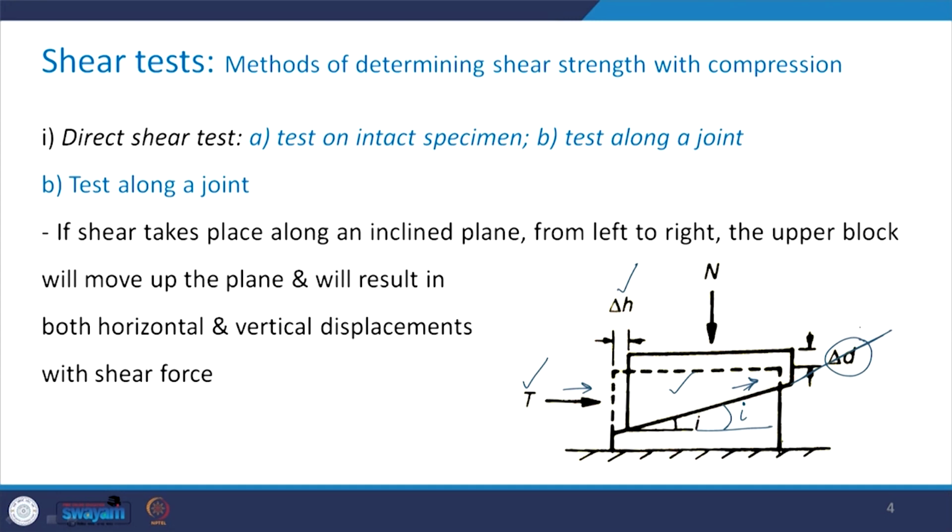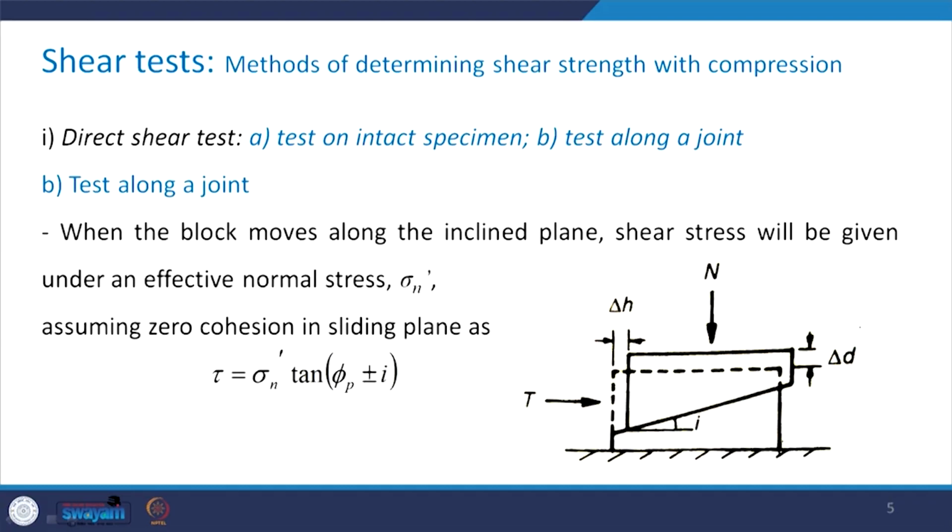As against sliding along the horizontal plane, when sliding takes place along the inclined plane, there are going to be horizontal as well as vertical displacements as you increase the shear force. The shear force is in this direction and therefore the block is moving upwards along the plane of sliding.